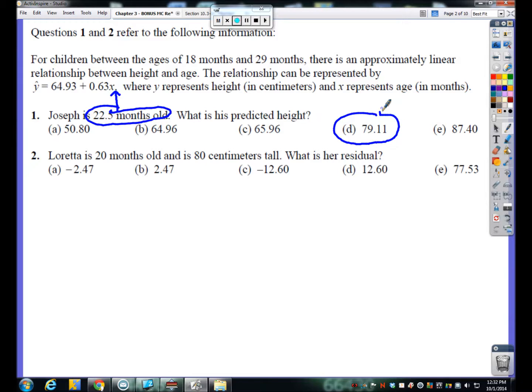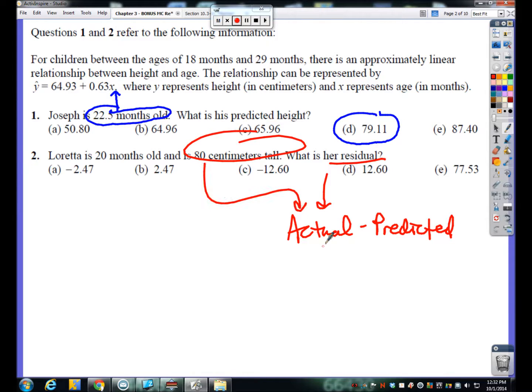For number 2, Loretta is 20 months old and is 80 centimeters tall. What is her residual? Now, residual, we have to remember, is error, and error is calculated as actual minus predicted. Well, they gave us how tall she actually is, 80 centimeters. Now, how tall do we think she's going to be at 20 months?